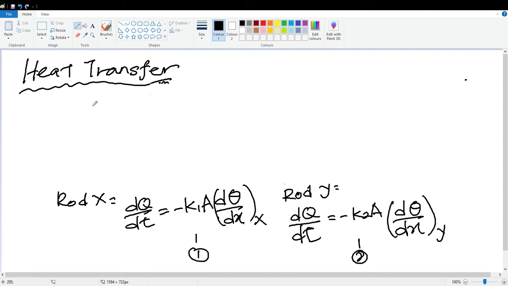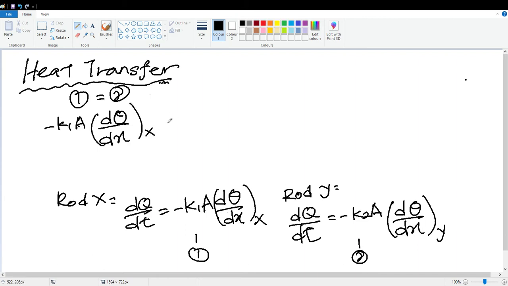So my equation 1 is actually equal to my equation 2. So this is my K1A and this is the temperature gradient for rod X and is equal to the rod Y. So this is how we define the rate of heat flow at every point.